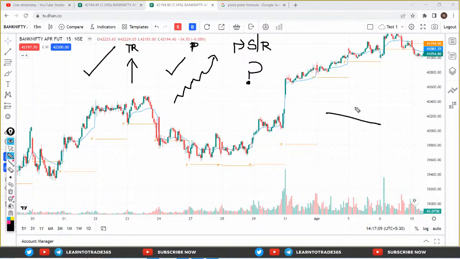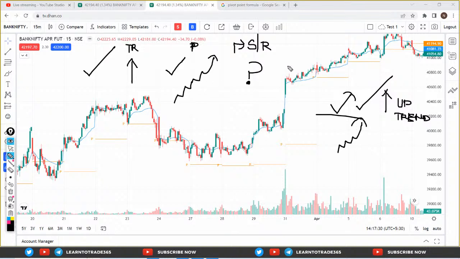If price is taking a rejection from the support, I can use this as an opportunity to follow the upside move along with the current market trend, which is an uptrend. So this makes me stay with the market direction.